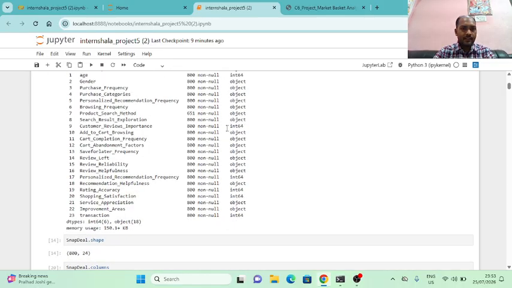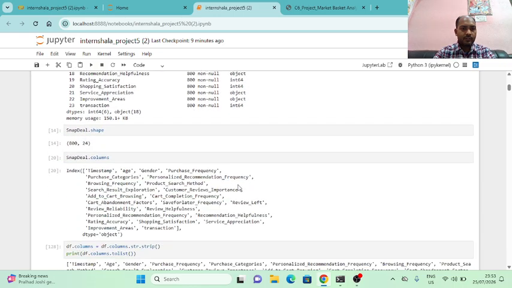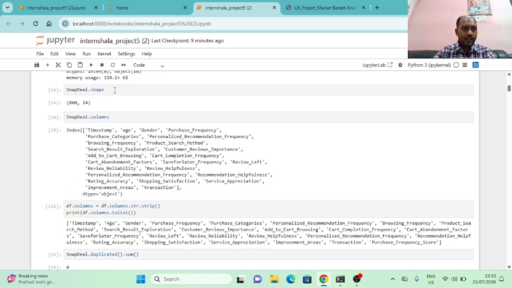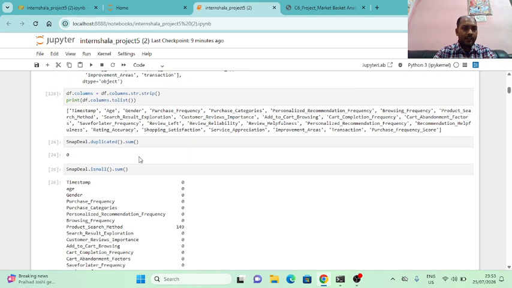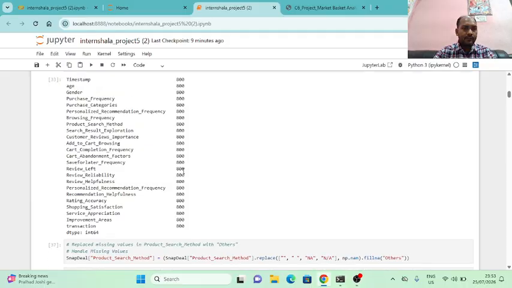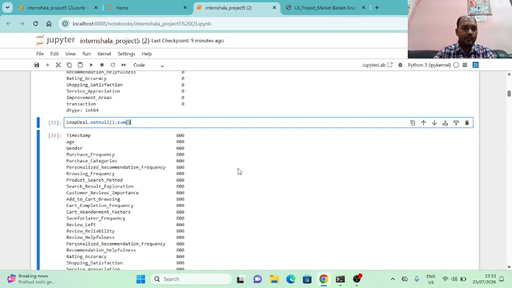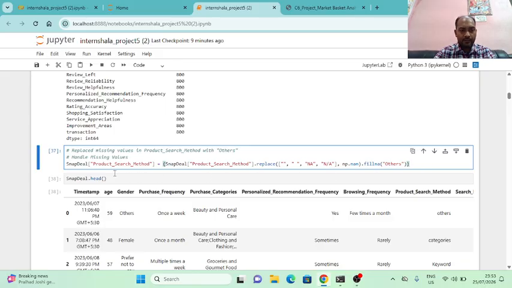So we can see that these are the numeric columns, and the rest are object columns. After that I found the shape and all the columns, and then trimmed the data. After that I found the duplicate values, and also checked whether any null value is in the columns. After all that, I saw that there are missing values.